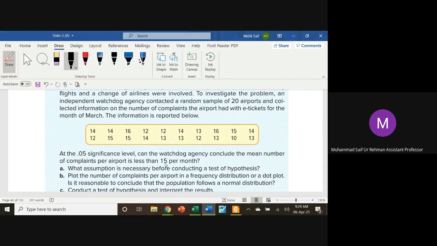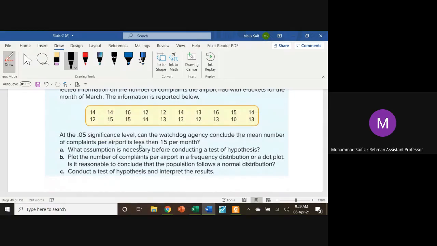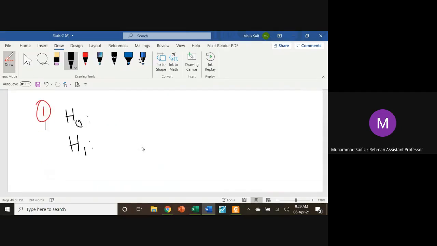So you will use this mean mu, and as the word less than is there, you will first construct the alternate hypothesis: mu less than 15. You put the less than sign over here, so automatically the null hypothesis will be greater than or equal to.